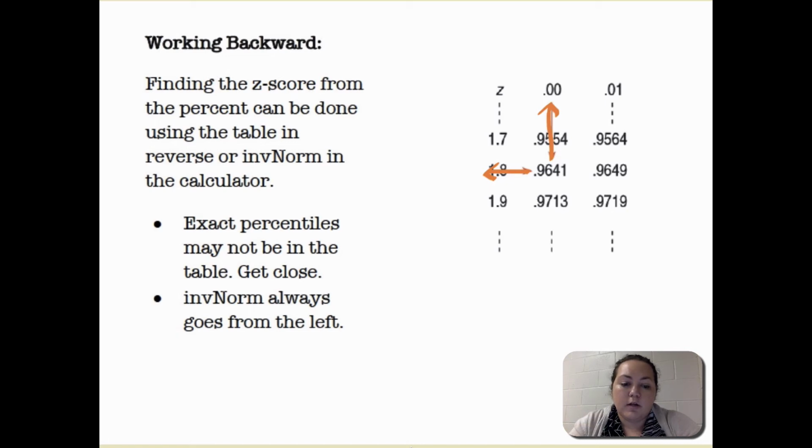Or in your calculator, it would be the inverse norm function. Exact percentiles might not actually be in your table, so you're just going to have to pick the closest one. And when you use your calculator, the inverse norm is always taking it from the left. So if you have that normal curve, it's always the lower values that it's taking it from.